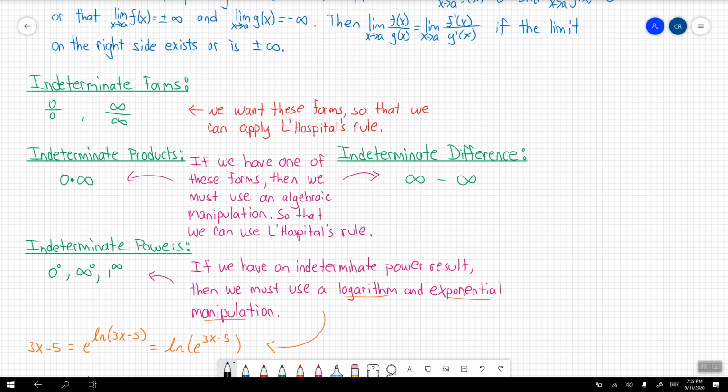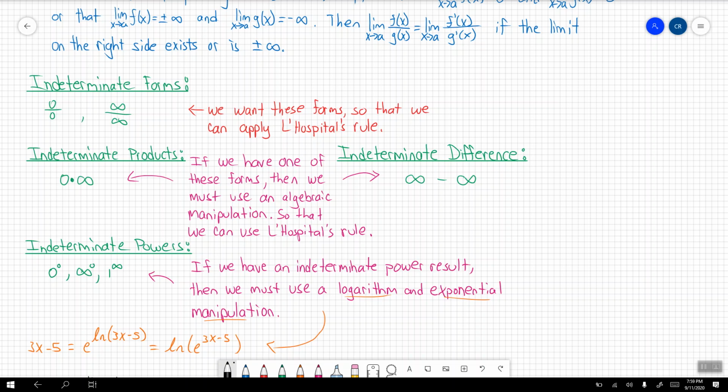And this could be positive infinity divided by negative infinity. At the end of the day, we just need it to be in that indeterminate form. Once we get that indeterminate form, we can apply L'Hopital's rule and extract the limit that we're observing.